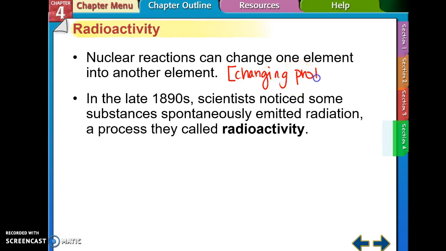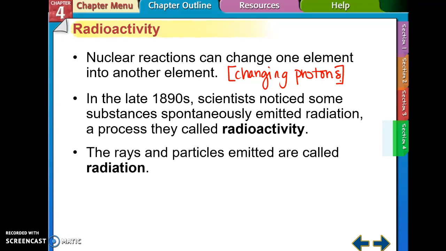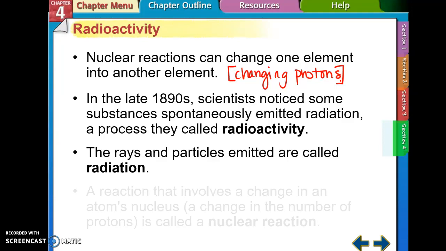And we'll talk about this a lot more at the end of the school year when we get to nuclear chemistry. But in the late 1890s, scientists noticed that some substances spontaneously emit radiation. What that means is they're changing their number of protons. And they called this radioactivity. The particles that they emitted were called radiation.